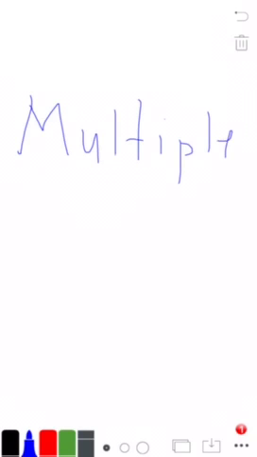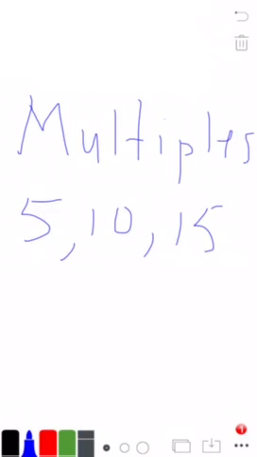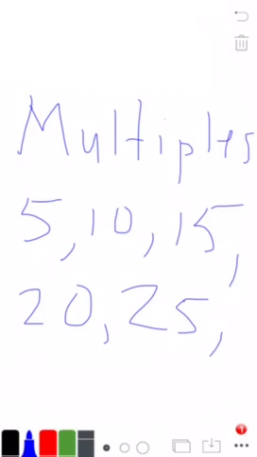The next thing I want to review is the word multiples. This is a word that we've talked about a lot with multiplication, but sometimes we forget what it means. If I ask you to tell me the multiples of 5, all I'm wanting you to do is count by your 5s. So for instance, the multiples of 5 would be 5, 10, 15, 20, 25, 30, and I could keep going with that.